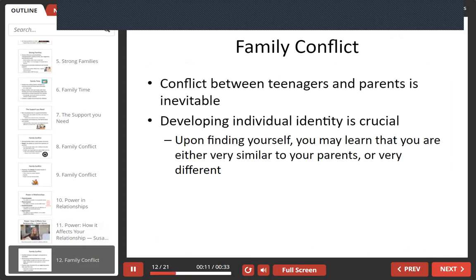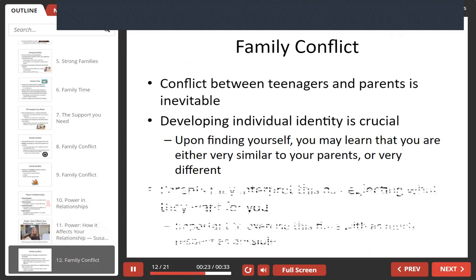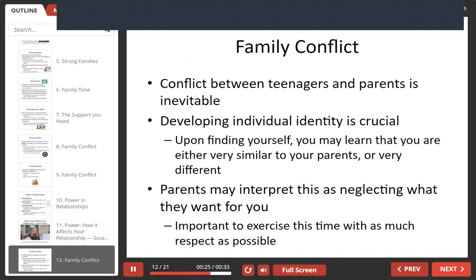So now, continuing on our topic of family conflict, conflict between teenagers and parents is inevitable. Developing individual identity is crucial, especially at adolescence. And upon finding yourself, you may learn that you are either very similar to your parents or their expectations, or very different. Parents may interpret this as neglecting what they want for you. And it's important to exercise this time with as much respect as possible.